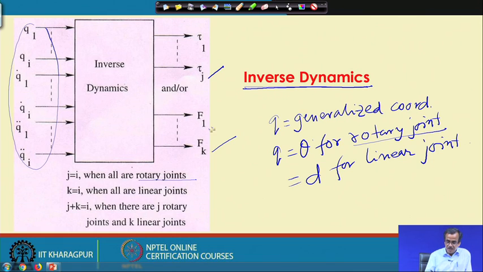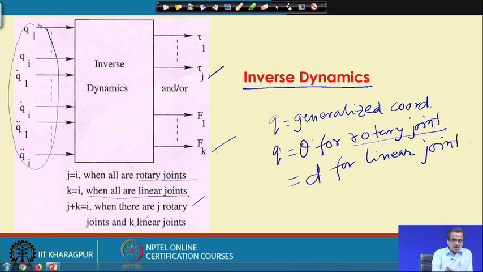Then, if k is equal to I, that means all the joints are linear joints. For example, say Cartesian coordinate robot, all are linear joints, and if j plus k equals I, that means we have got a combination, with j number of rotary joints and k number of linear joints.